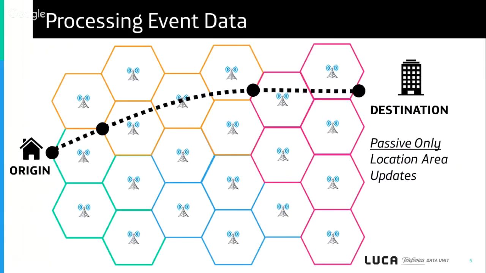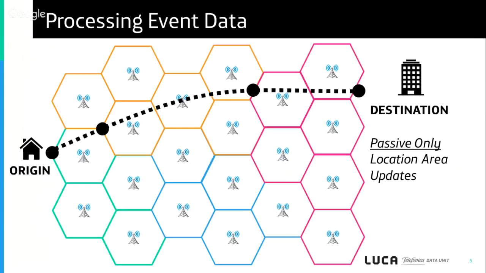So what does that actually look like on the ground? If we have a standard journey here, what we're going to see is a user has started on the left-hand side of the screen at their origin, their home maybe, and they've traveled across to the right-hand side of the screen to their place of work, their destination.